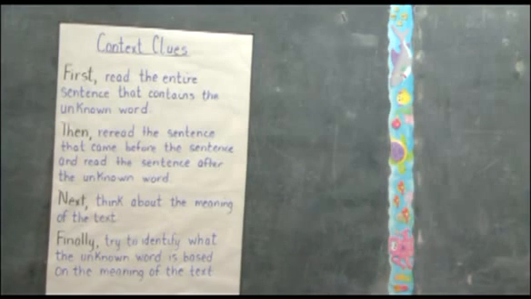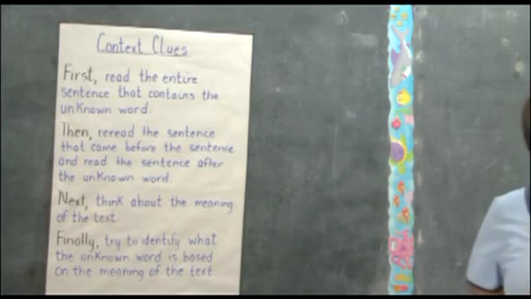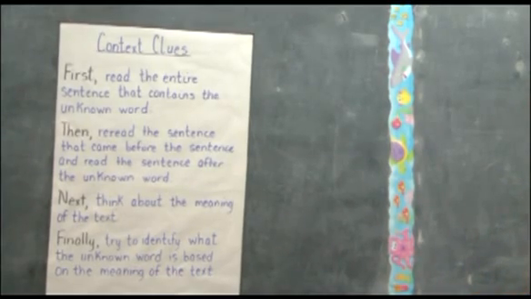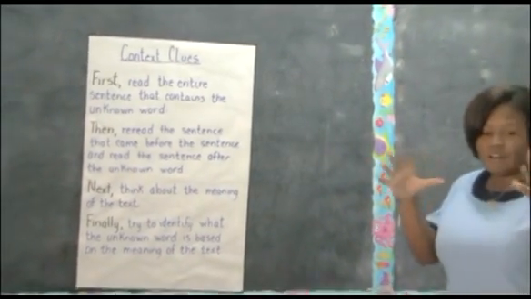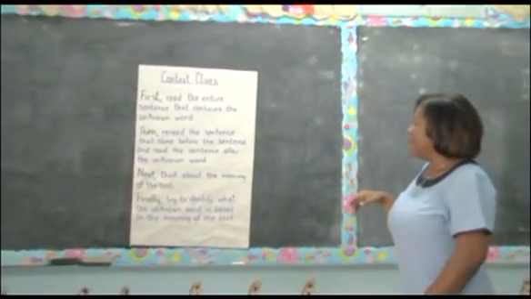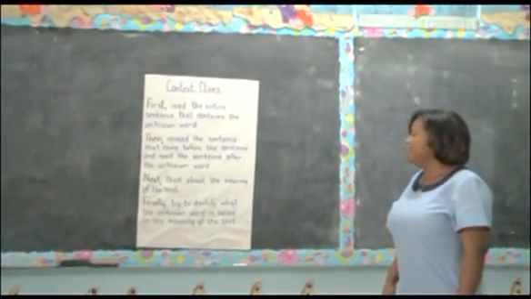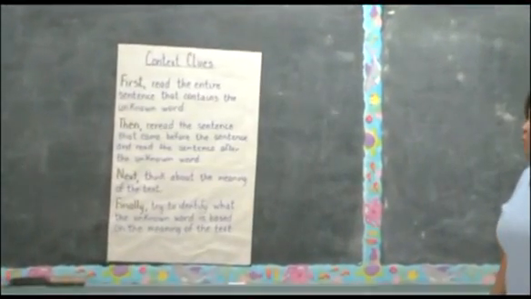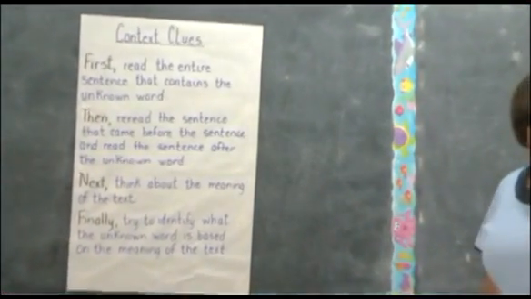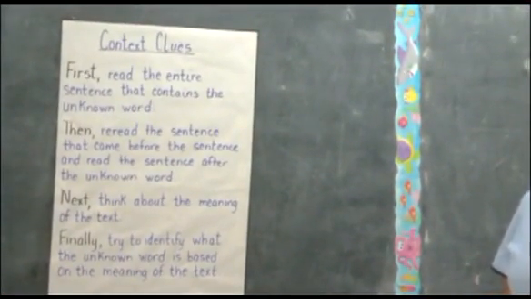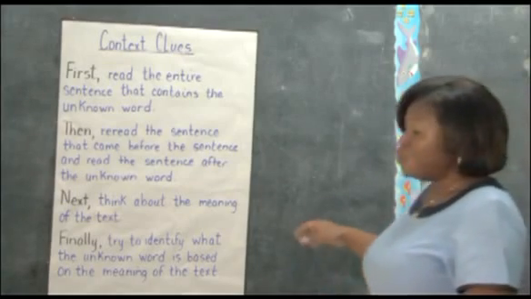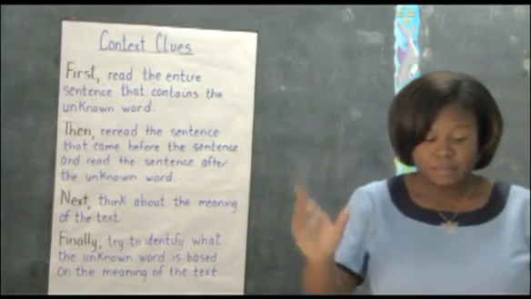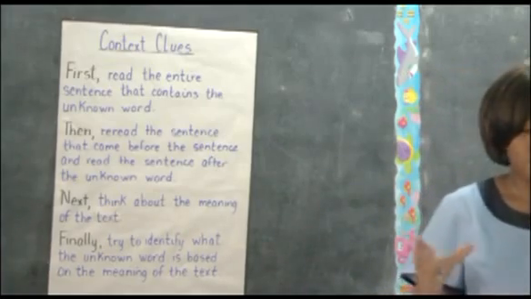Next, you will think about the meaning of the text, meaning you will think about the words within the sentence. Then finally, you'll try to identify what the unknown word is based on the meaning of the text. So I will now do this for the word procure. I will model this for you.